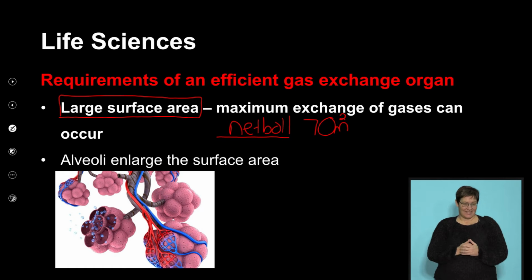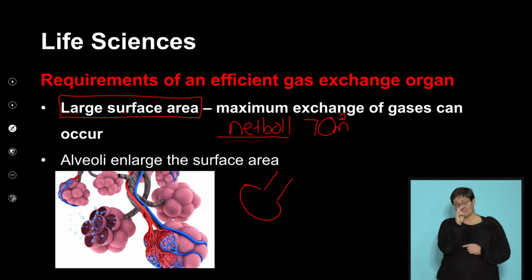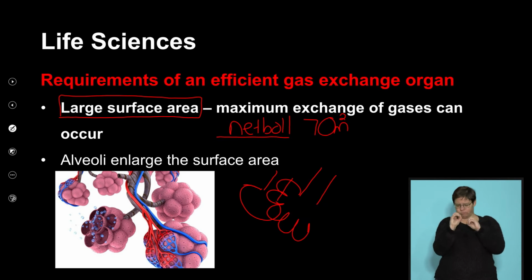And what does that is the alveoli. Instead of just looking at one ball like that, which is one alveolus, we are actually looking at a system made up of millions and millions of them, all of these alveoli packed together over here.